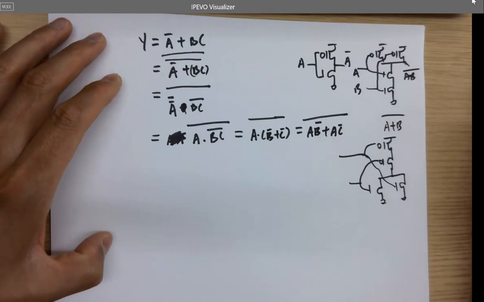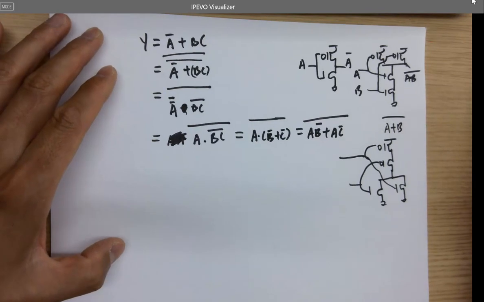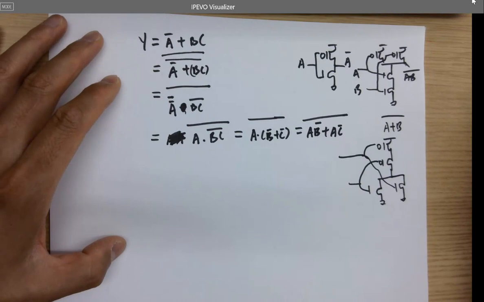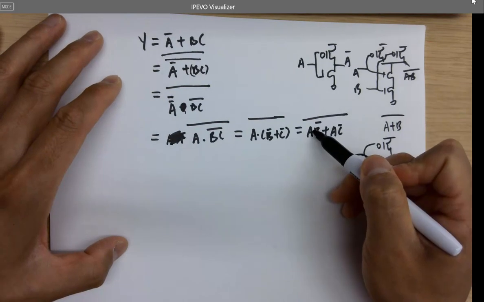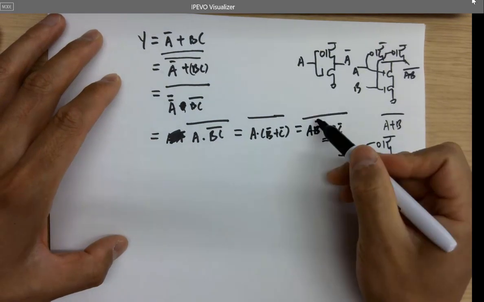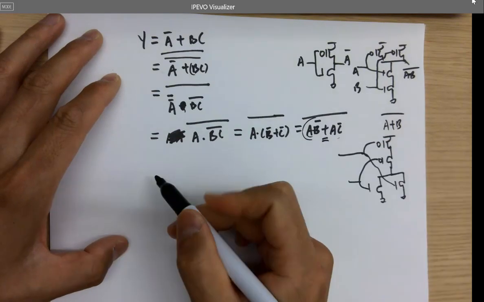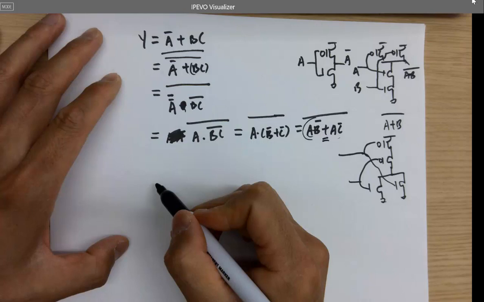All right. So what the circuit looks like. You have an AND logic here, but overall it's an OR logic. So which means this block and this block should be in series or in parallel for the PMOS on the top.